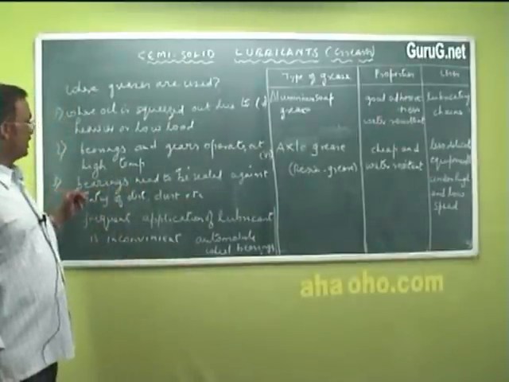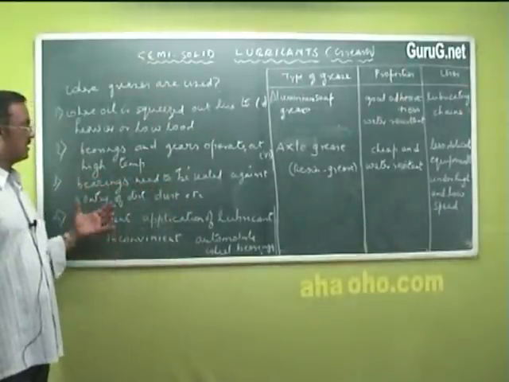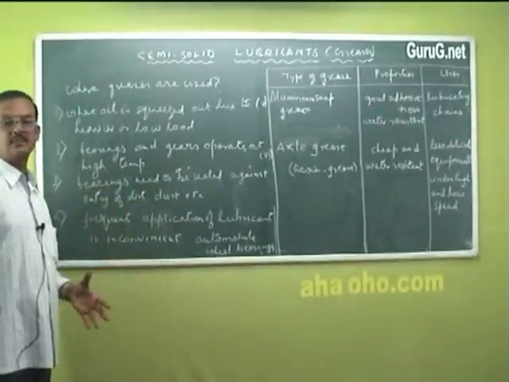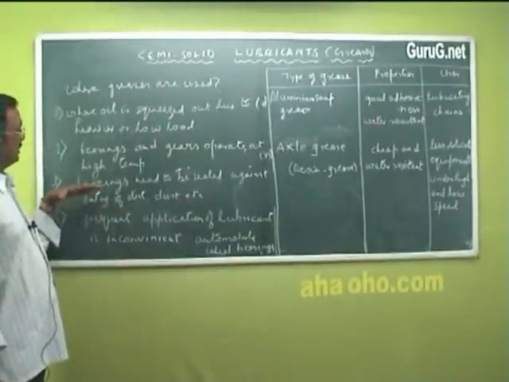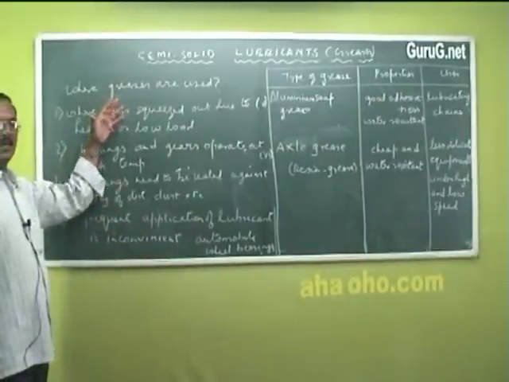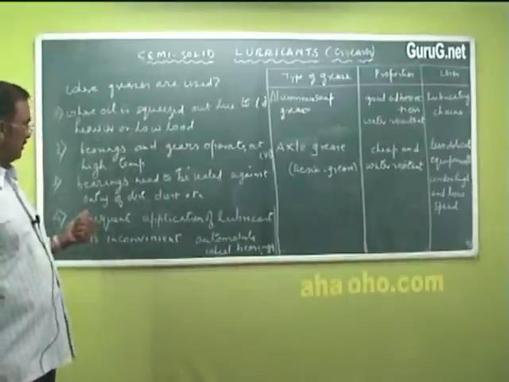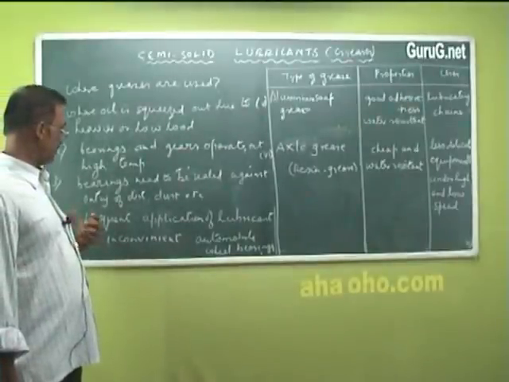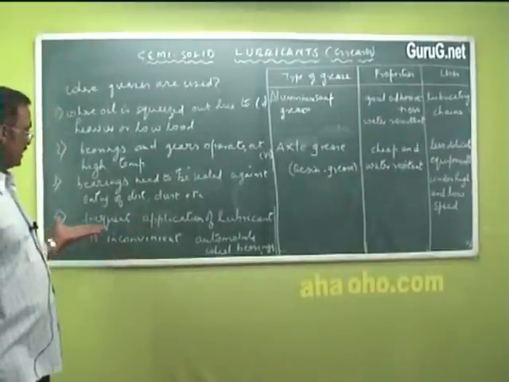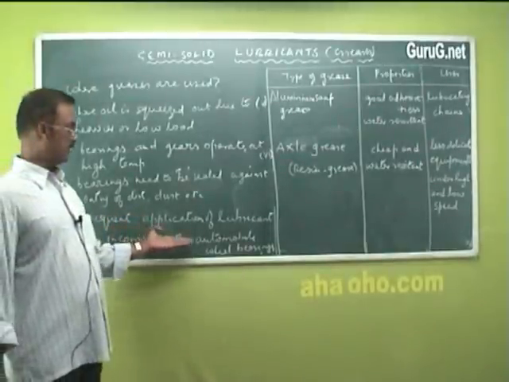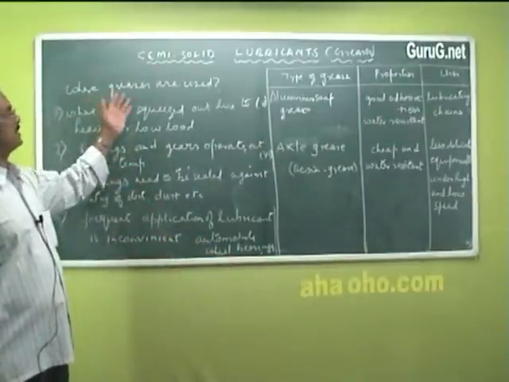The third situation is when bearings need to be sealed against the entry of dirt and dust, which will spoil the functioning of bearings. So under these conditions, greases are employed. And lastly, where frequent application of lubricant is inconvenient, say in automobile wheel bearings, there also grease is applied.